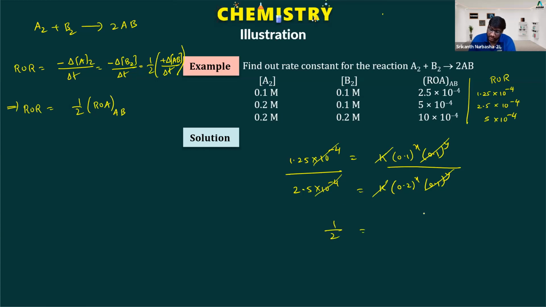So 1 by 2 is equal to 0.1 by 0.2 whole power X. So 1 by 2 is equal to 1 by 2 whole power X. So X is equal to 1.